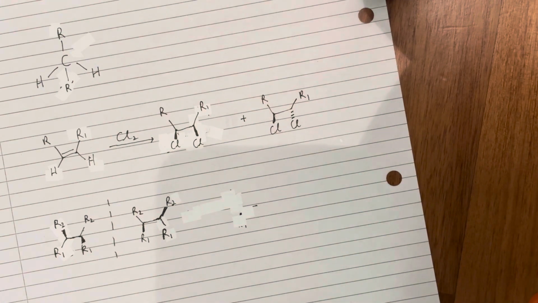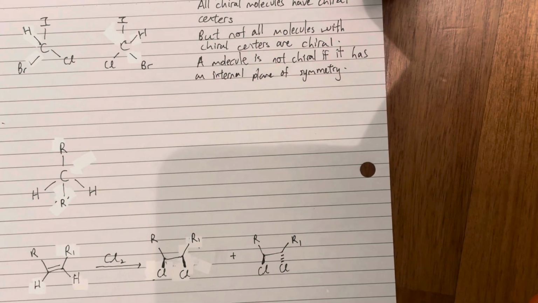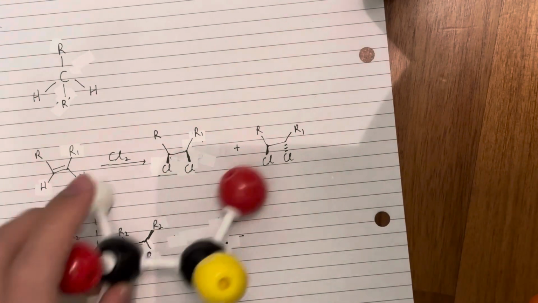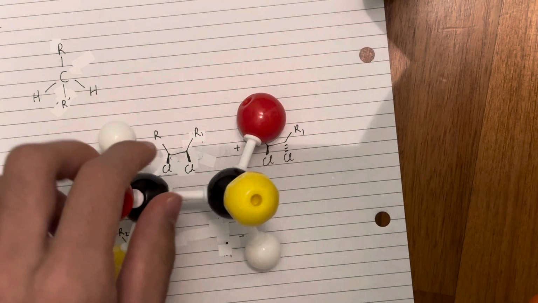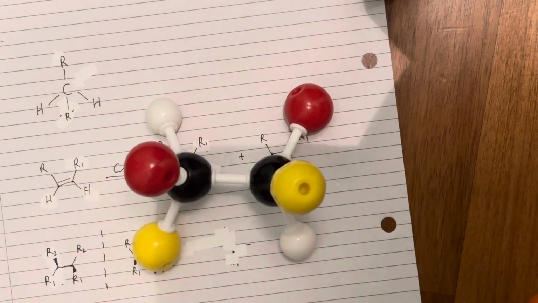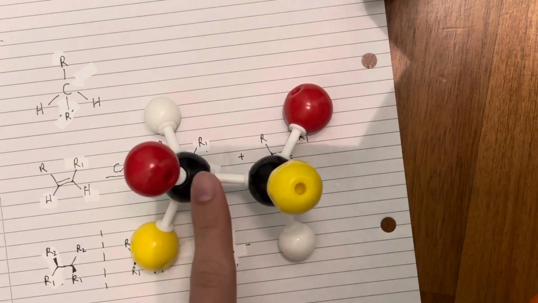The last thing is to illustrate the concept that a molecule is not chiral if it has an internal plane of symmetry, even though it can have chiral carbons. For example, let's take this molecule. This is the same molecule as this. The R just means that it can be anything. This molecule has 2 chiral carbons.